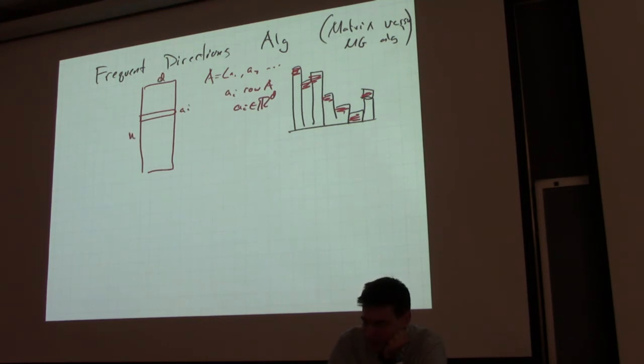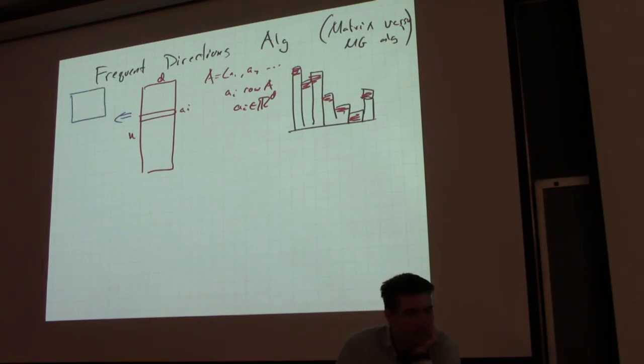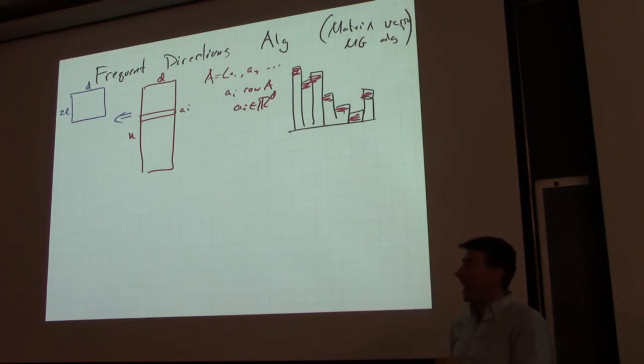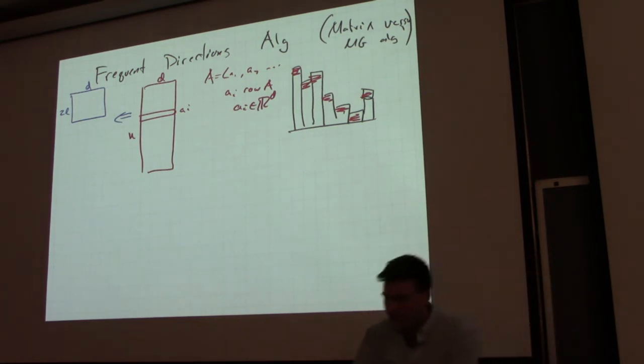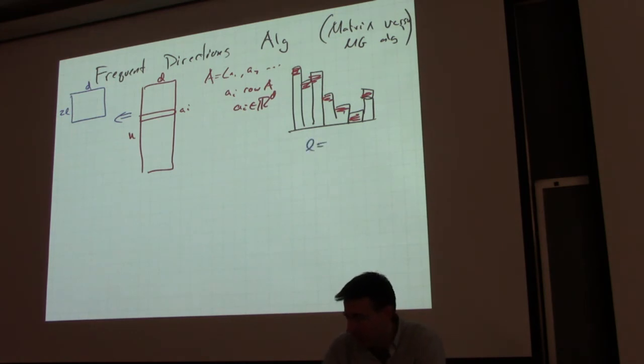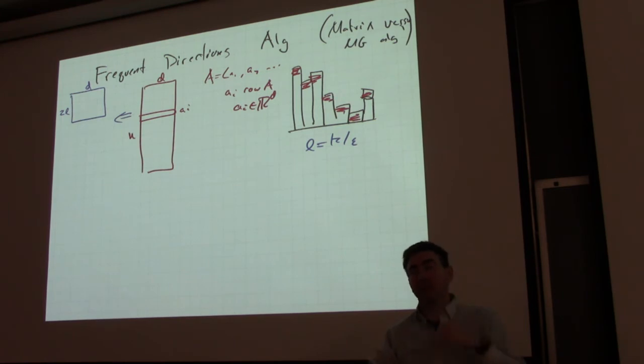And I'm going to be maintaining a matrix that's going to be 2L by d. L is going to be something like the rank k. K and L are roughly going to be on the same scale. Eventually I'm going to set L to be k over epsilon. So instead of an epsilon squared factor, I'm going to have an epsilon factor.